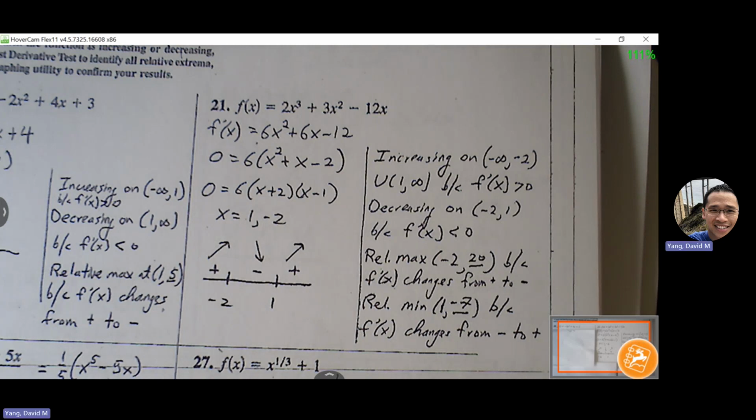We'll do 25 and 33. Okay, 25 and 33. 25 looks complicated, because we see that fraction, but that fractional denominator is not a variable, so there's no need for a quotient rule here.